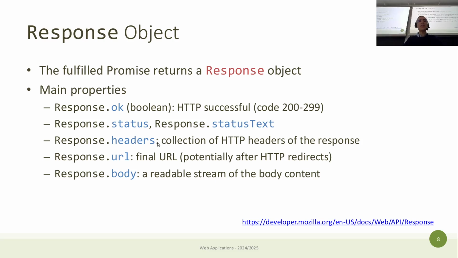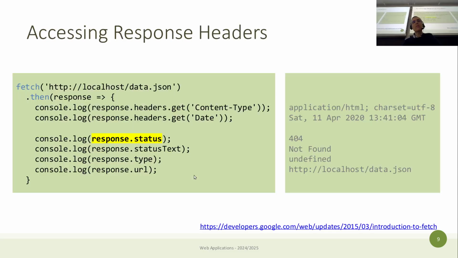This is an object again with key-value pairs, which are the headers of the response. The URL, well, actually you should know the URL, but in case of redirects, you have access to the final URL. And the body, which is the body of the response, the one that contains the content, HTML content, JSON content, whatever content is sent back by the server. It's actually a stream, so we will come back to this point in a minute.